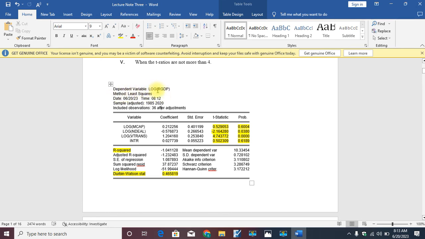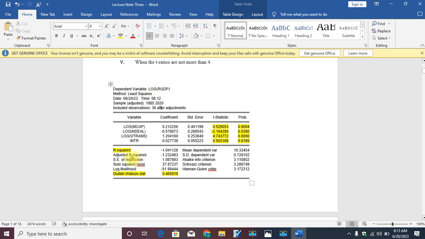The dependent variable is RGDP, done today at 8:12 a.m. The sample size has adjusted from 1985 to 2020, and included observations are 36. These are my independent variables, also called the explanatory variables, the variables that explain the RGDP variable.